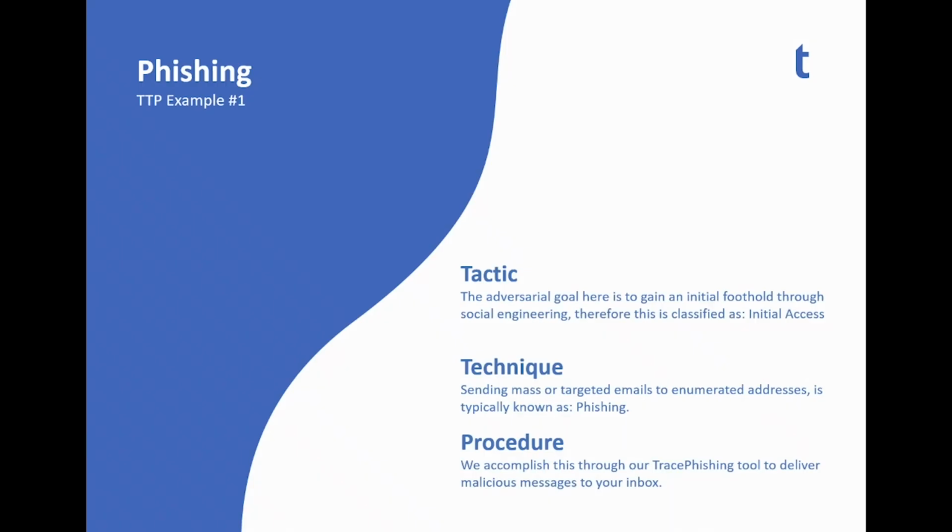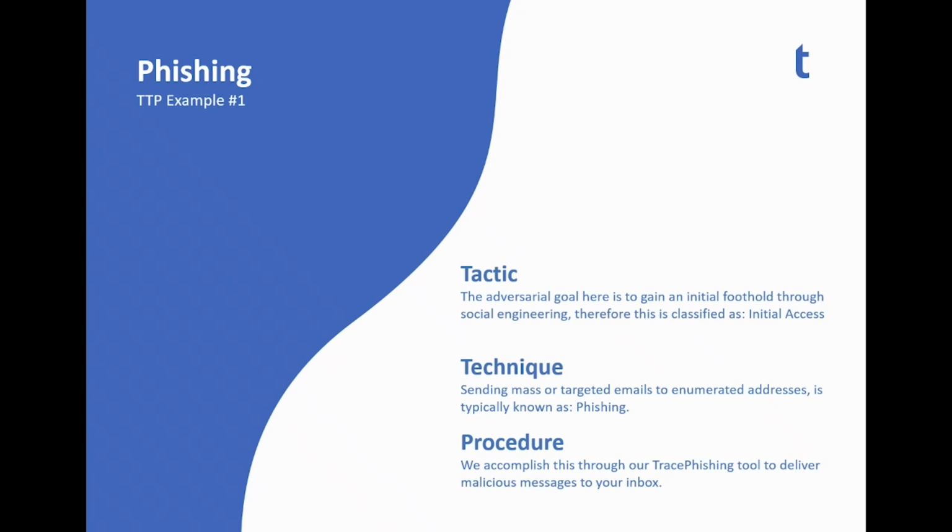Perfect. So the first one that we're going to elucidate on is something I'm sure we are all familiar with. In this first example, I, as the adversary, want to gain that initial foothold into your network. What I want is a beacon on one of your systems to begin my assault. So the tactic in this case is initial access.